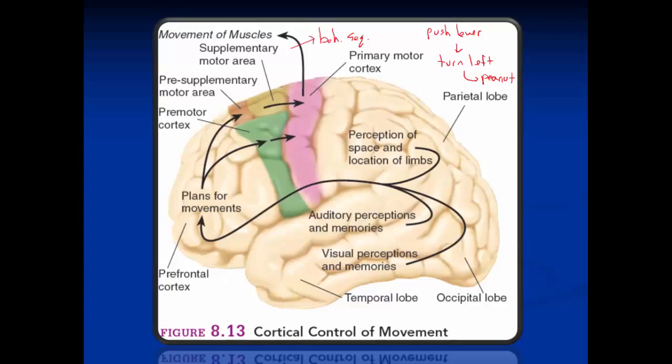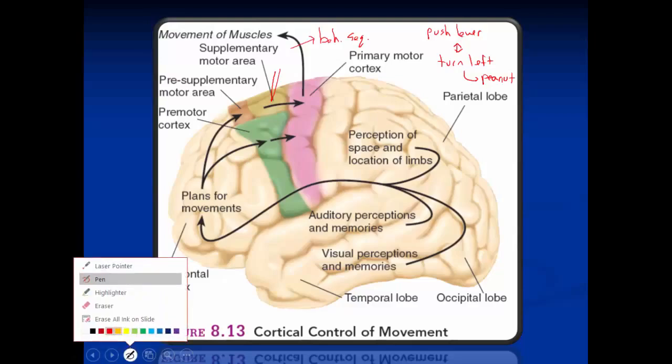If there's damage to this supplementary motor area, they can still move. They can still push a lever. They can still rotate their hand to turn the lever left. But they have great difficulty doing it in the correct sequence. Okay, so that's how we know what this supplementary motor cortex is important for.